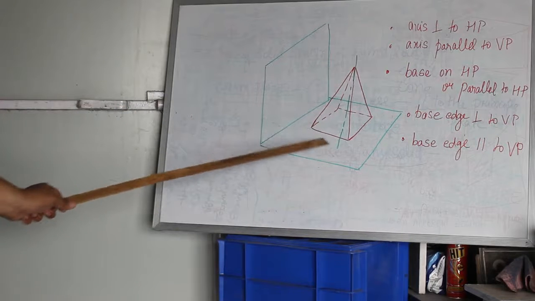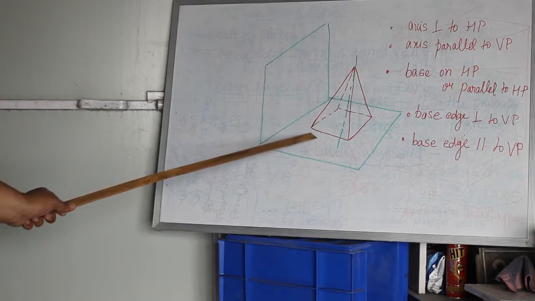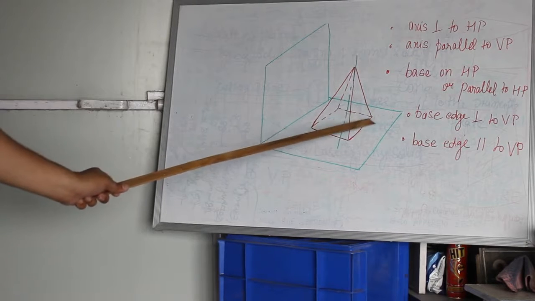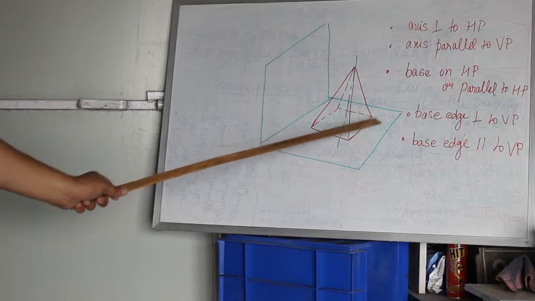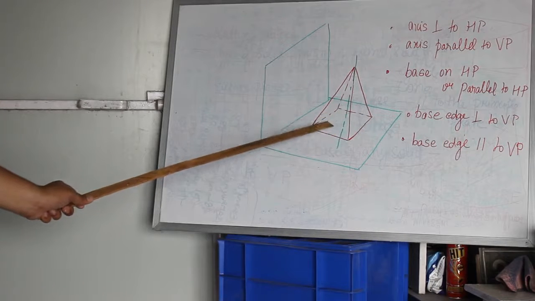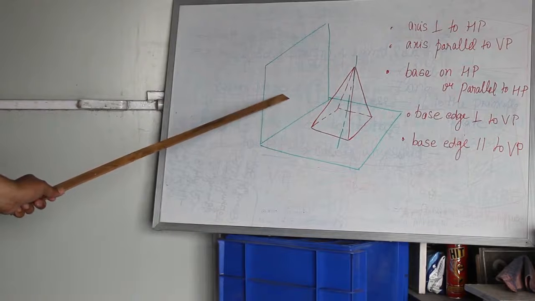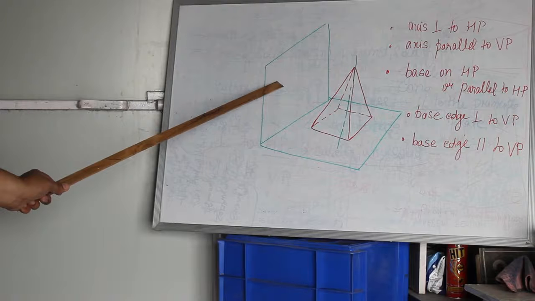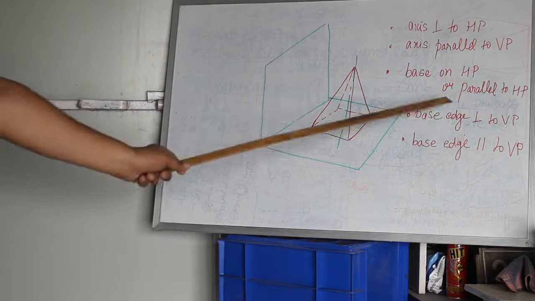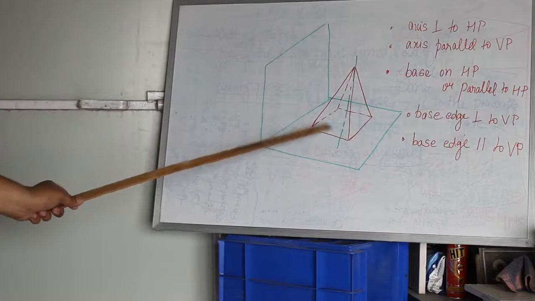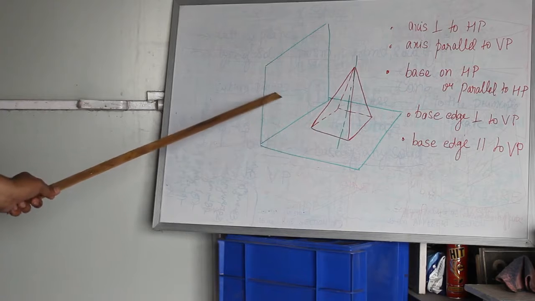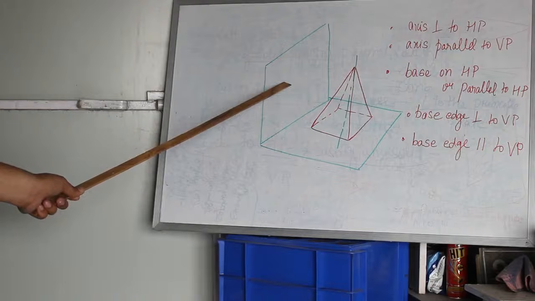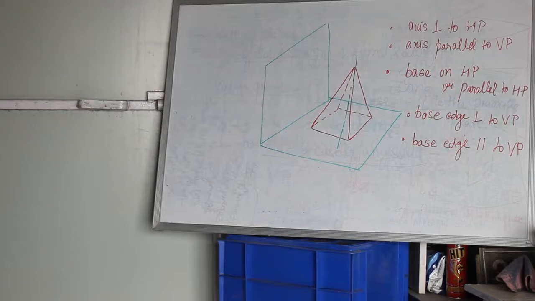Now this is the square base. You can see two of the edges from the square base, two base edges, are parallel to the vertical plane. Two of them are perpendicular to the vertical plane. So I've taken base edge perpendicular to VP. This is the base edge perpendicular to the vertical plane, and this is the base edge which is parallel to the vertical plane.